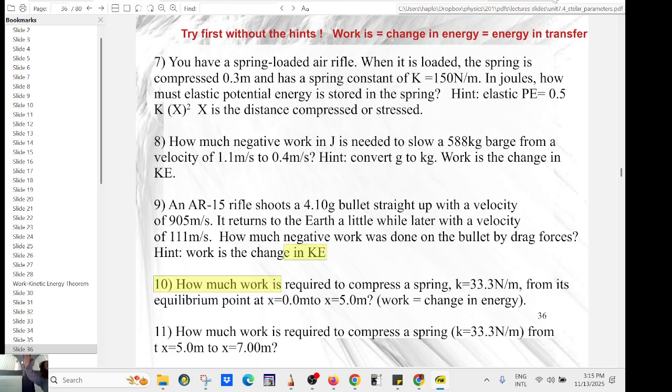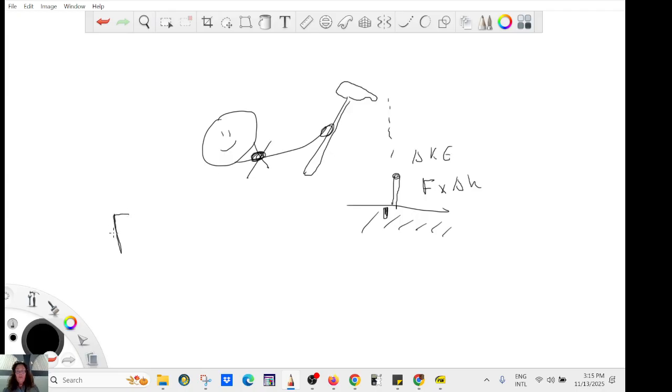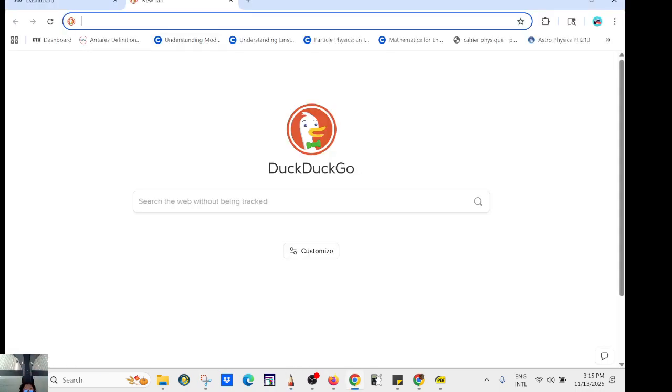So the force is proportional to the displacement. Hooke's law is F equals negative k delta x. As you increase the stretch, the restoring force is going to increase. k here is called the spring constant. I forgot if we did that already or not. Let's see.